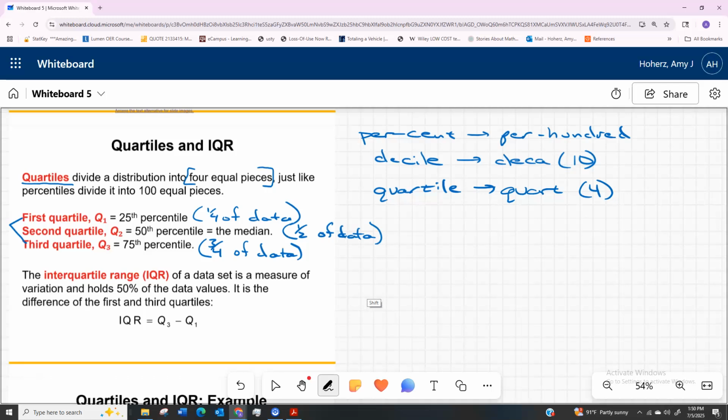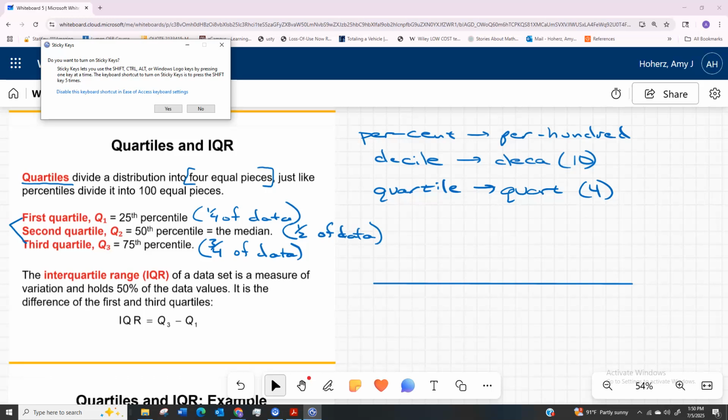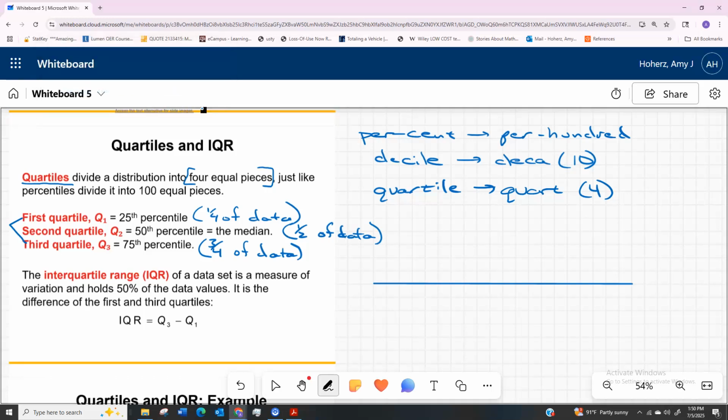So if we thought about the game, we're going to have the start of the game here, and then after 1 quarter, we'll call that the end of the first quarter.